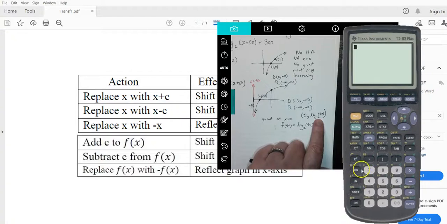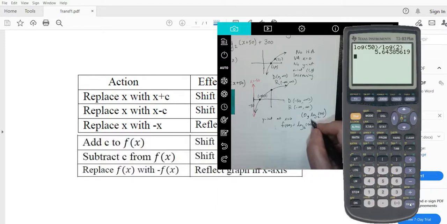I'll use base 10, which will be log of 50 divided by log of 2. Taking that to 3 decimal places, that's 5.644.